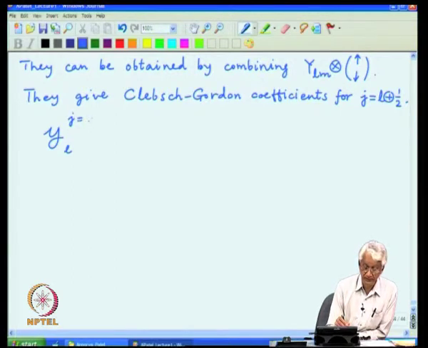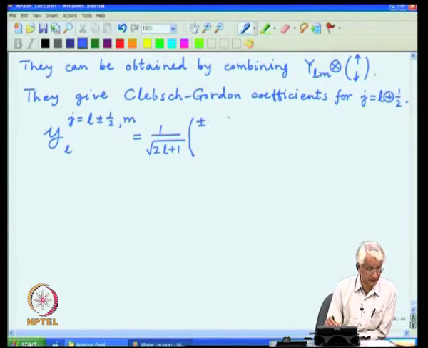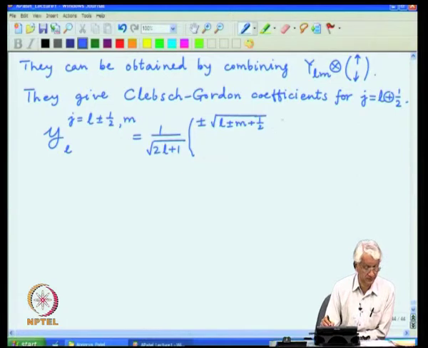As the formula I am writing down, one has to choose a specific sign convention for defining spherical harmonics to be able to determine the Clebsch-Gordon coefficients properly.